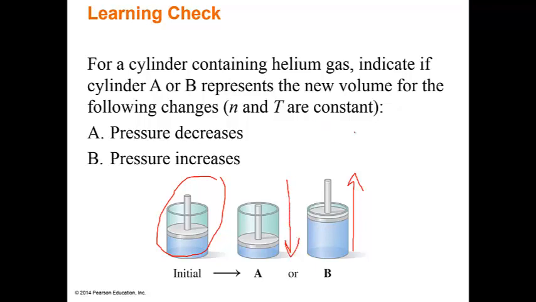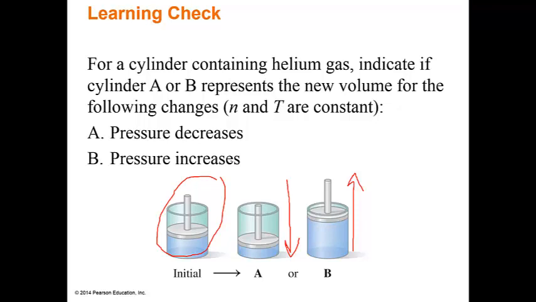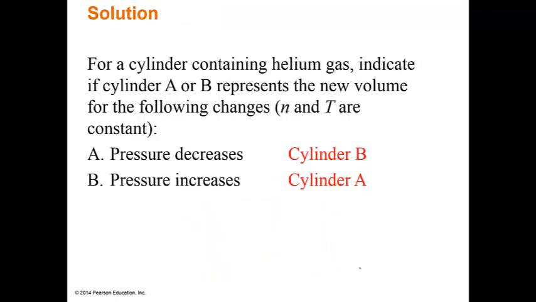Let's check if this logic is right. Pressure decreases, we go back. It is B. And if pressure increases, it is A. Very logical, it's this inverse relationship, so no worries.